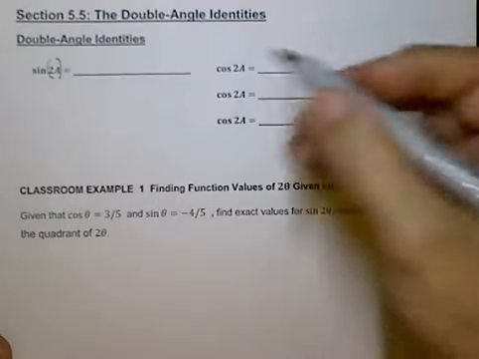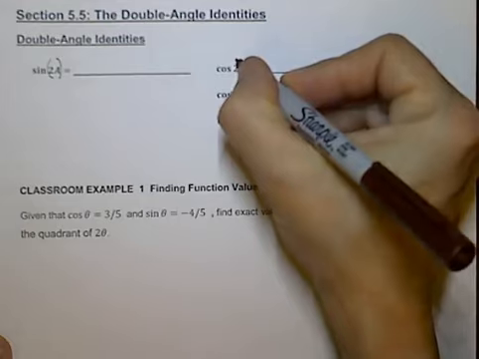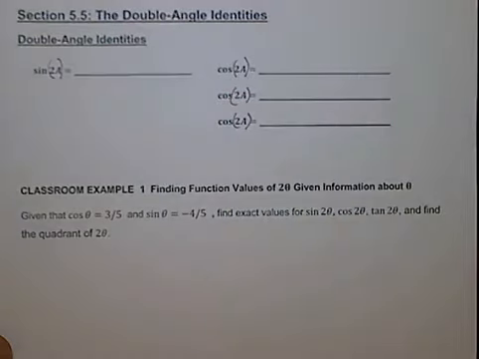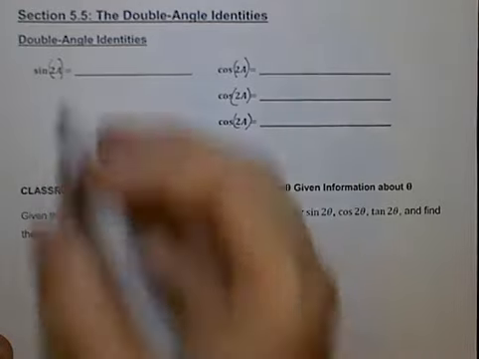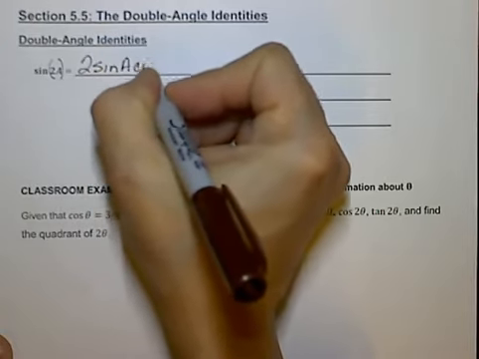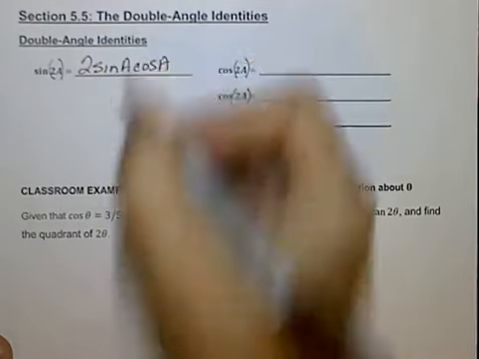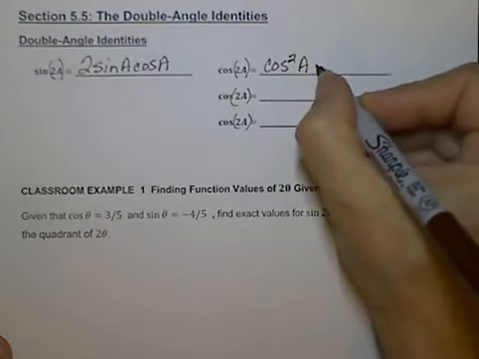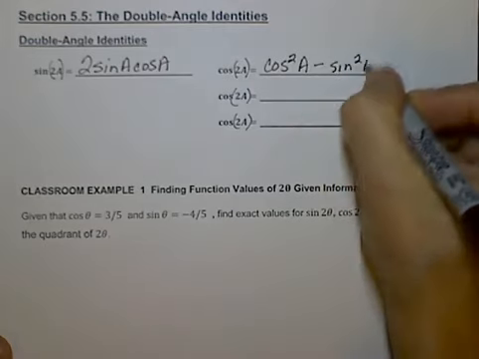So we'll have one identity for the sine of 2 times a, and then for the cosine of 2 times a, we actually have 3 different forms of the identity. The one for sine of 2a is just 2 times sine a cosine a. For cosine of 2a, the first one is cosine squared a minus sine squared a.